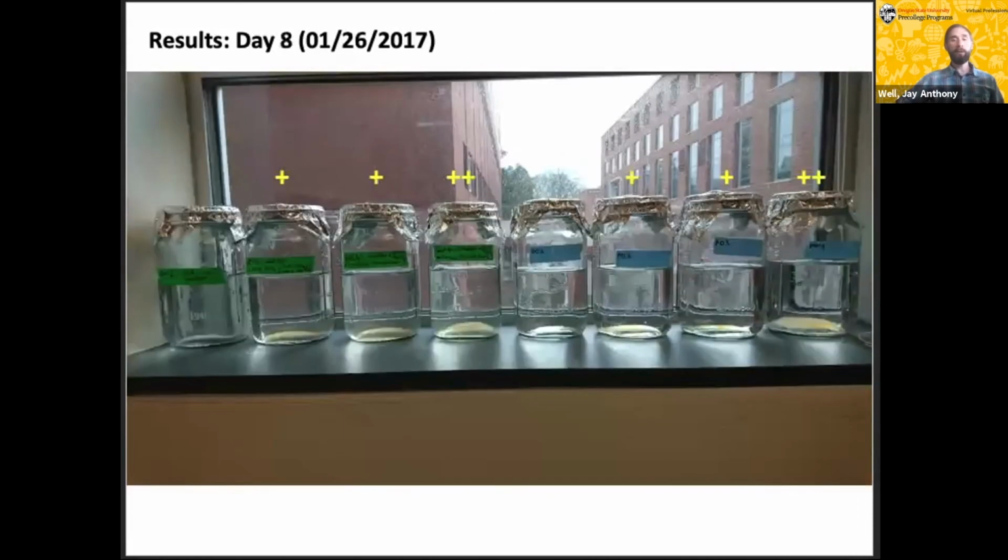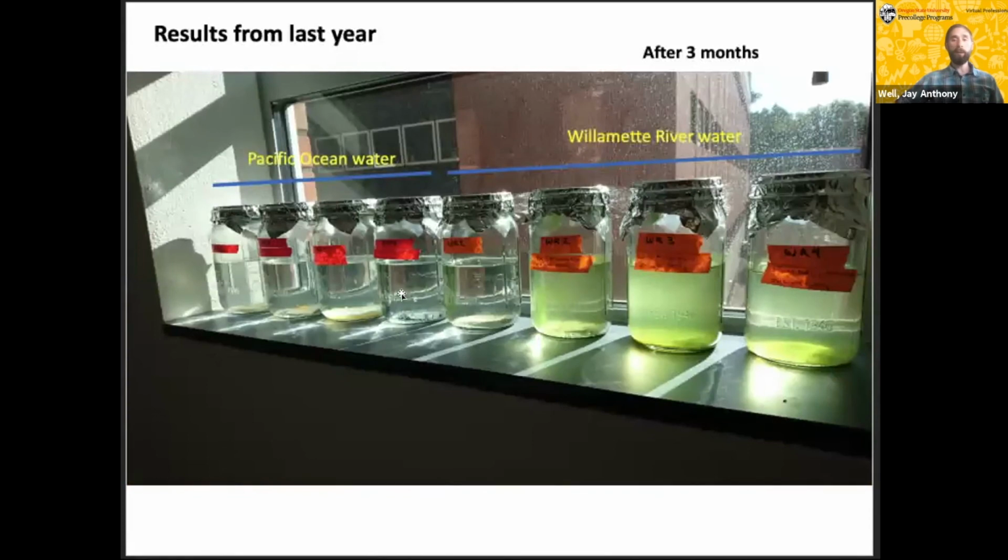You'll notice here on day 8, they're already seeing growth. You can see down here at the bottoms the growth, and the pluses are talking about the growth here. And then finally, this is an older experiment here, but you can see how green these will get as the bloom actually occurs. So being able to see them is fairly easy with the naked eye.